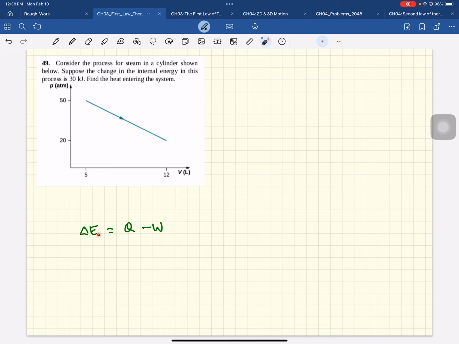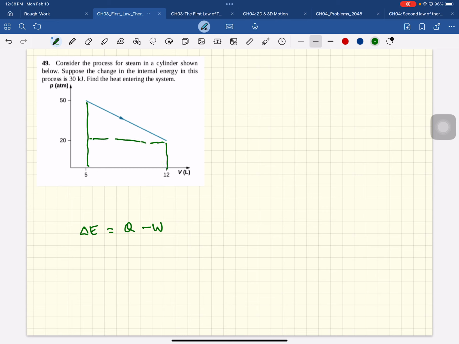They give you the change in internal energy, 30 kilojoules. They want you to find how much heat entered the system. So if you could find the work done by the system, then you could calculate the heat entering the system. And the work done by the system is just the area under that curve. So we'll calculate the work done, which is this area.